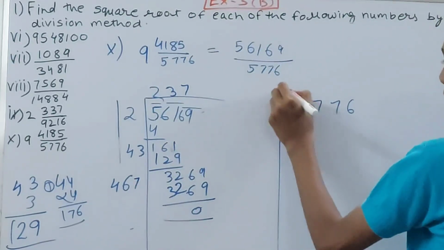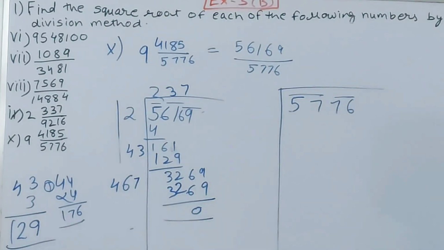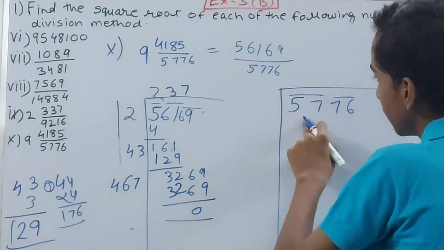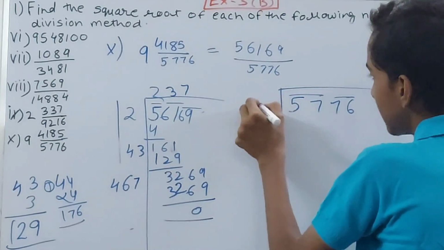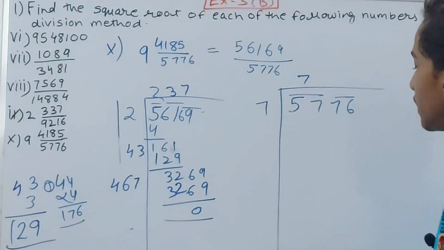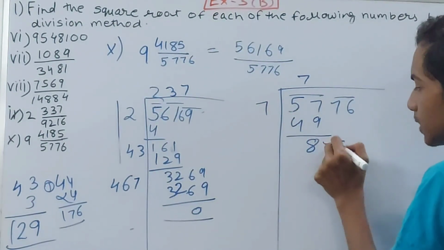Then next we have 5776. Make the pairs again. Okay, 57 and 76. So 57 will go by what number? Let's see, 5 and 5, 6 and 6, 7, so the 49, 7 times 7 here, right? Now see here, what will this be? 49, 8, 76.